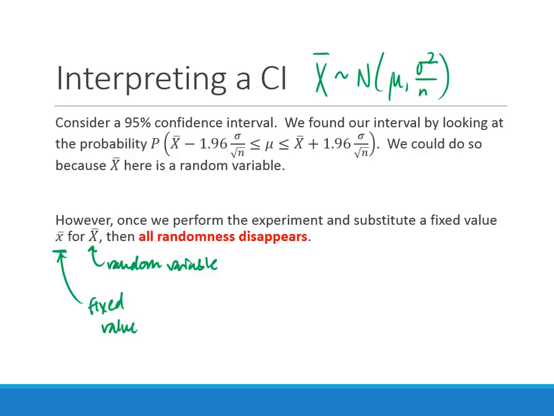So you can sort of no longer think about a probability statement like we did up there. So once I plug in a value of x bar, there's no randomness going on. I know exactly what x bar is. I know what n is. I'm assuming I know what sigma is, and I have no randomness.